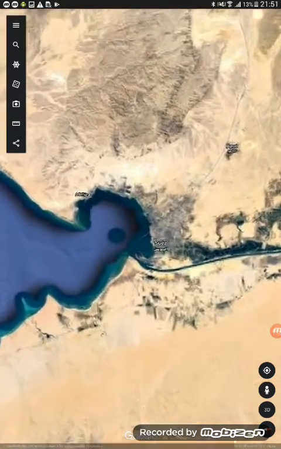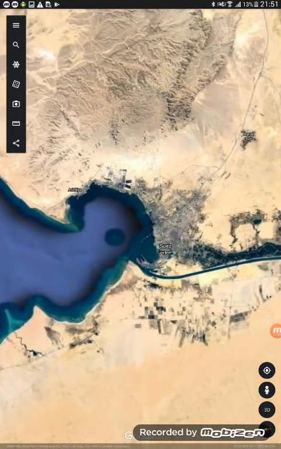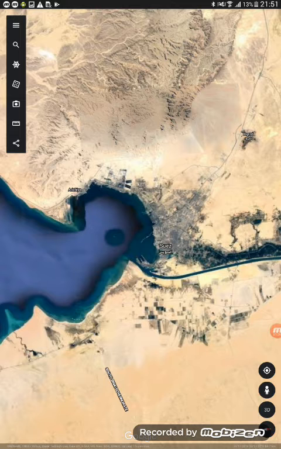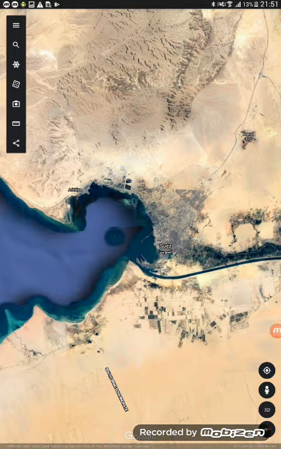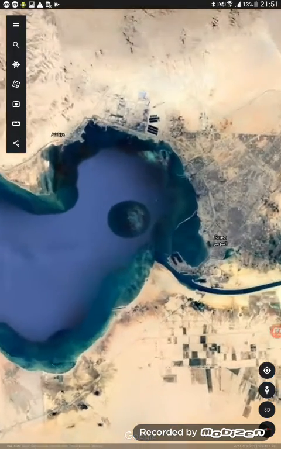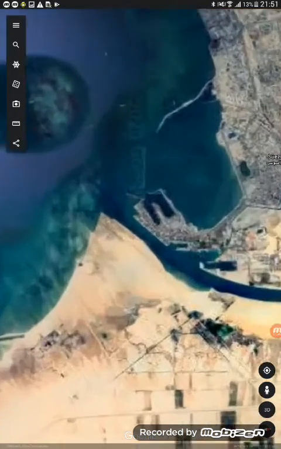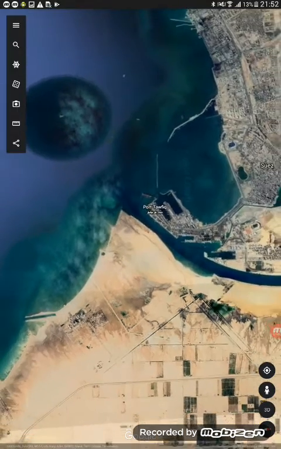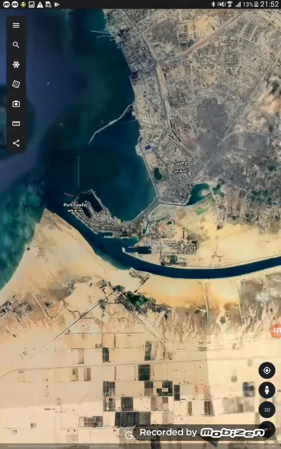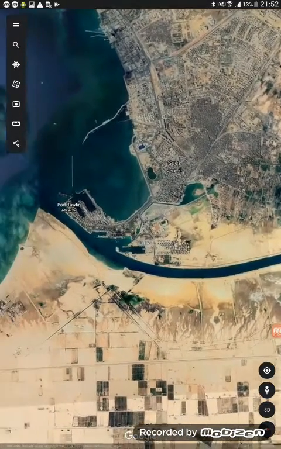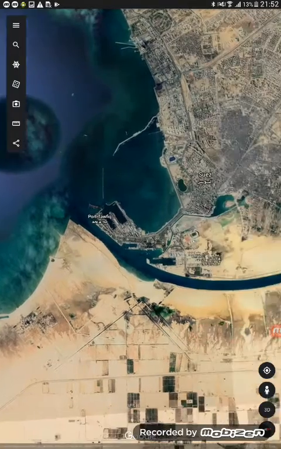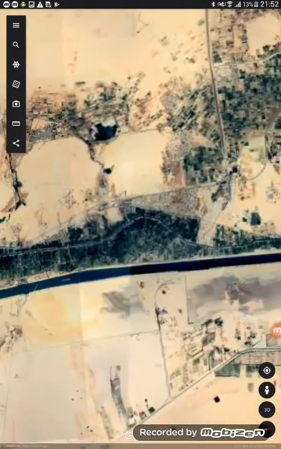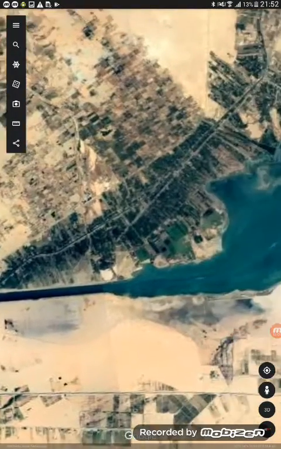The Suez Canal connects the Red Sea to the Mediterranean Sea or vice versa. It is basically a link between the Red Sea and the Mediterranean Sea. You can see a passage of water connecting the Red Sea, which is located over here, to the Mediterranean Sea, which is located on the other side.